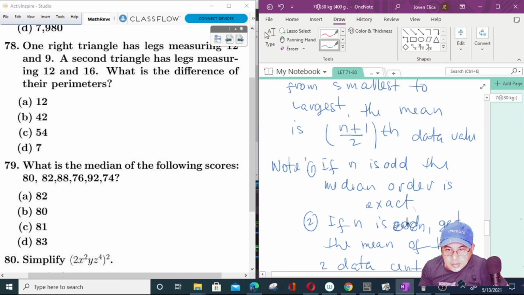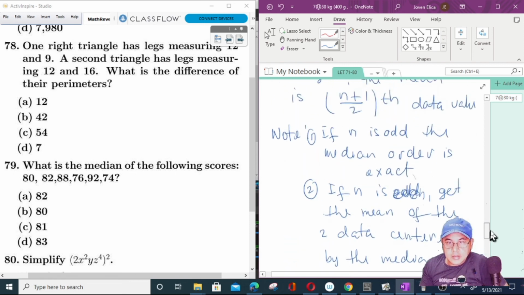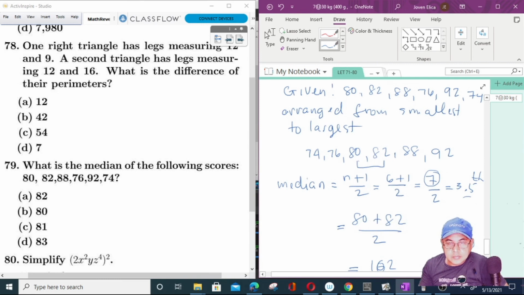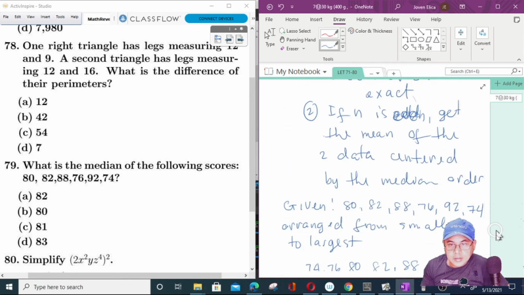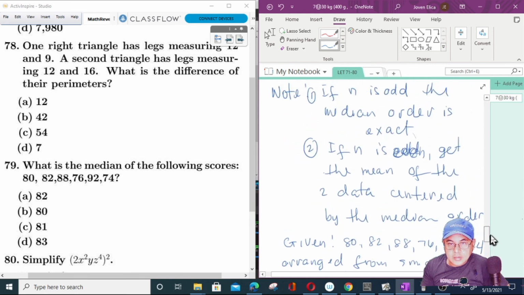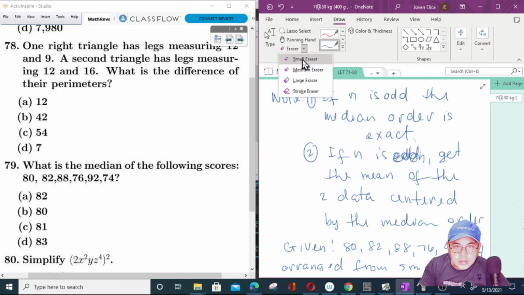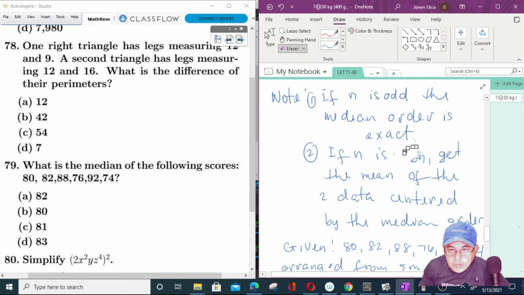Since 6 plus 1 is 7, if n is even, plus 1 it will become odd, so it's not exact.